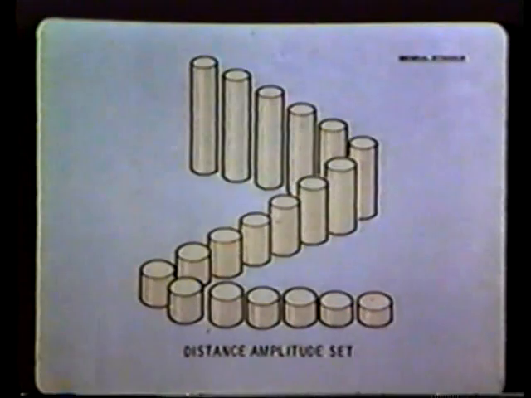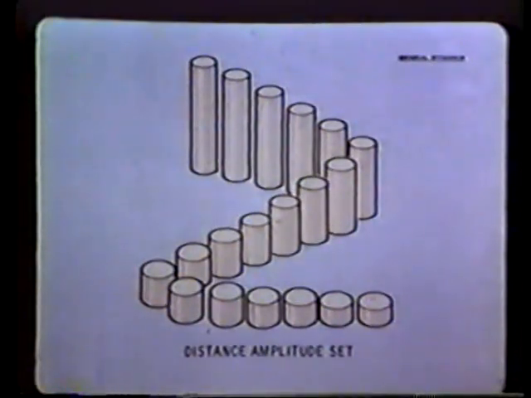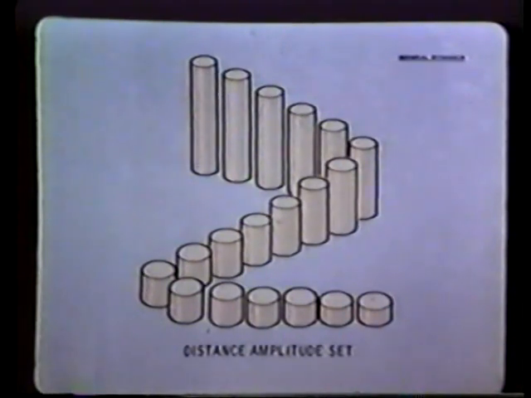Distance amplitude blocks also serve as references in evaluating the size of discontinuities at different depths in a test specimen. But keep in mind, the artificial discontinuity provides the ideal reflector. It reflects the maximum amount of energy that a given size discontinuity can reflect. The true discontinuity more than likely will not be perfectly flat or parallel to the test surface.